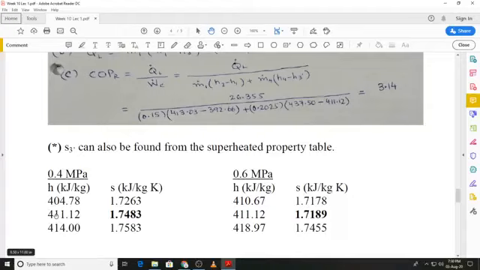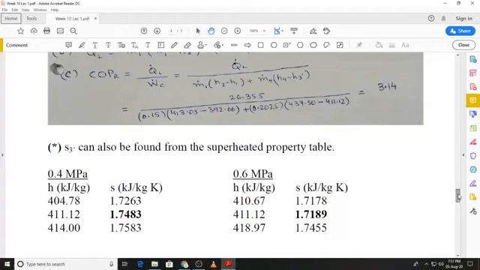So corresponding to this enthalpy, if we are at 0.4 megapascals, the entropy will be 1.7483, and corresponding to the same enthalpy, if we are at 0.6 megapascals, the entropy will be 1.7189 kilojoule per kilogram Kelvin. That is the first interpolation that we have to go through, and then we have to do another interpolation, this time with respect to pressure, again keeping the enthalpy constant.